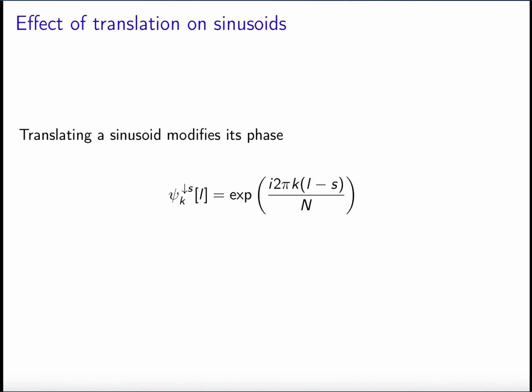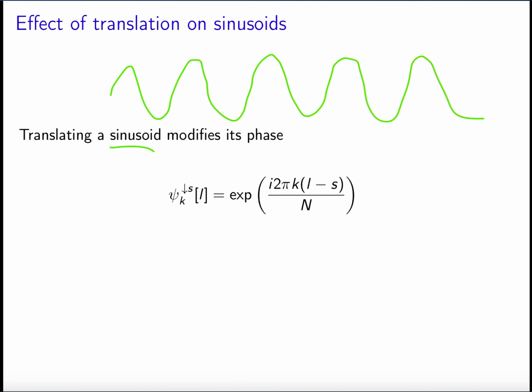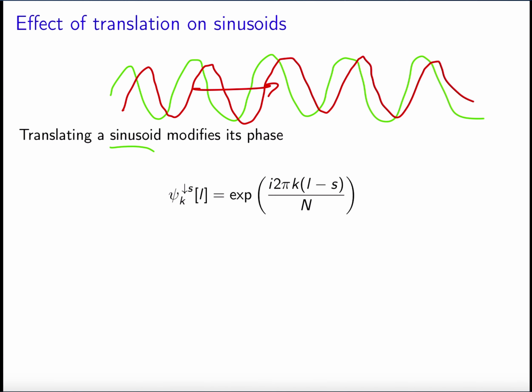If you have a sinusoid, of course it would be a complex sinusoid, but let's forget about that for a moment, and you shift it, you will get something like this. Again, I'm drawing real sinusoids, even though I want to actually talk about complex sinusoids, but it's exactly the same idea.